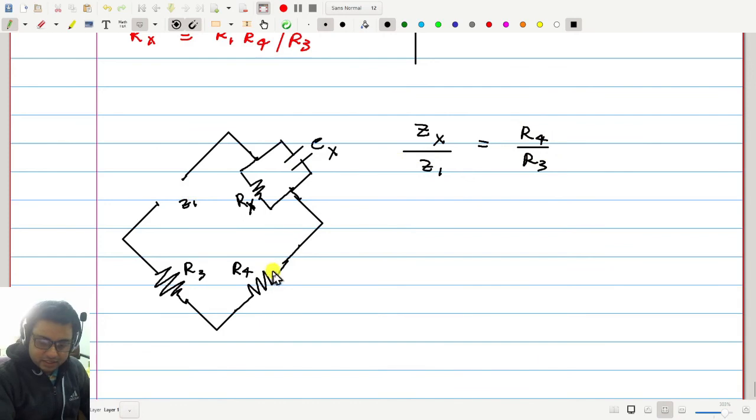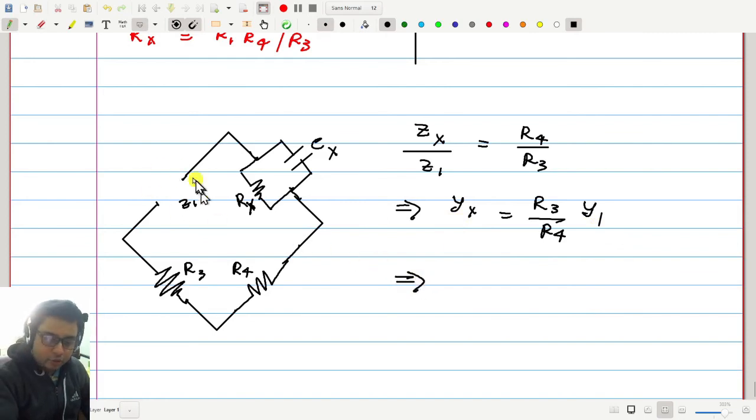This by this, and from this I can write Yx by Y1 is equal to R3 by R4, and let me bring Y1 here. Now from this, any suggestion what you would like to choose here?